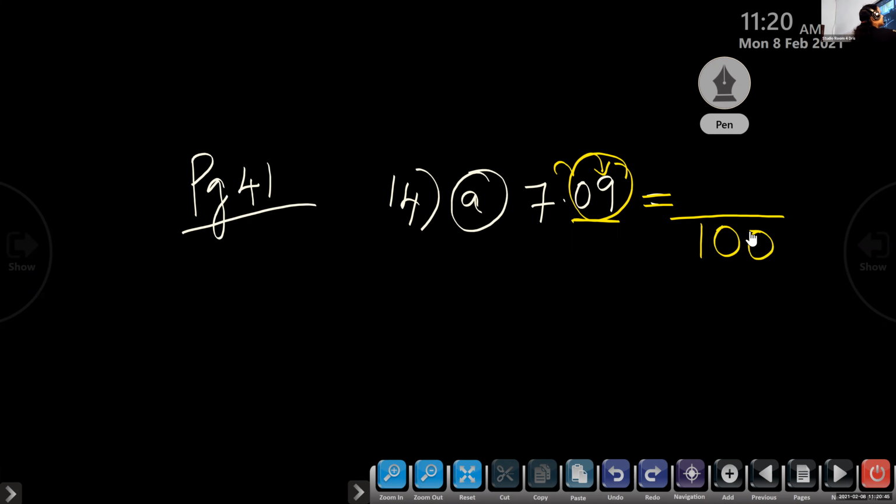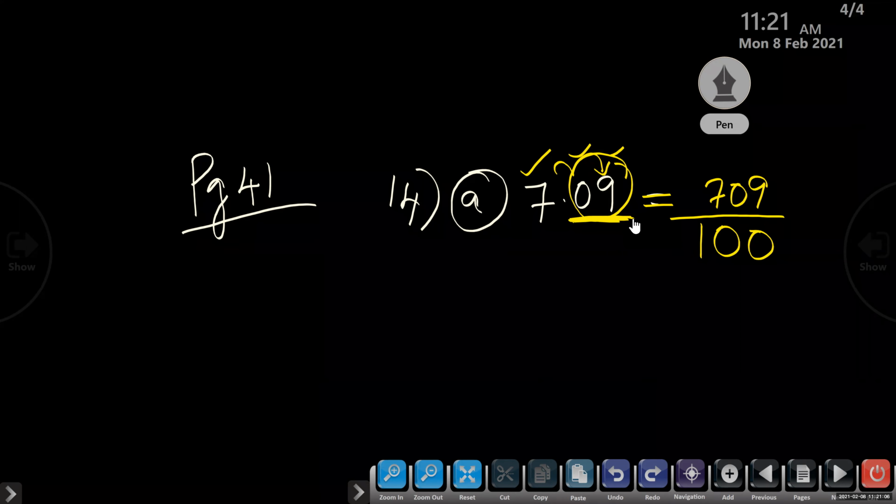Then what you have to do? Just write this number, 709. So we can write 709 by 100. So look at the number of digits after the decimal point. We have 2. Then look at the denominator. That many zeros we have to write.